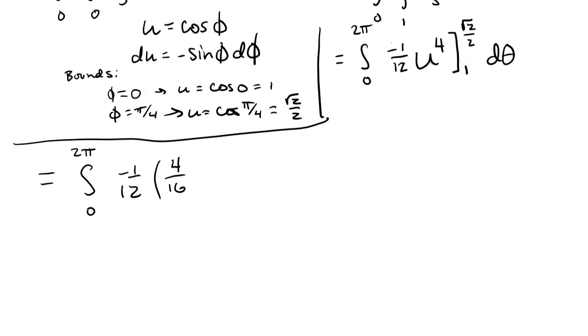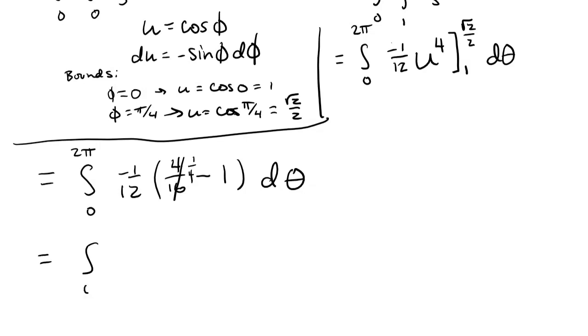We then will have minus, plugging in 1, u to the 4th is just 1. And this is all d theta. 4 over 16 is really just 1/4.